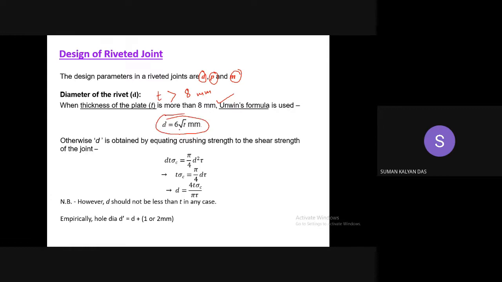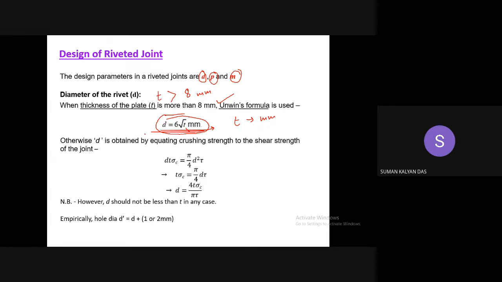It is an empirical formula, and from that we can calculate D. D is equal to 6 root over T, where T obviously should be in millimeter. So if it is greater than 8 mm, directly use Unwin's formula to obtain the diameter of the rivet.